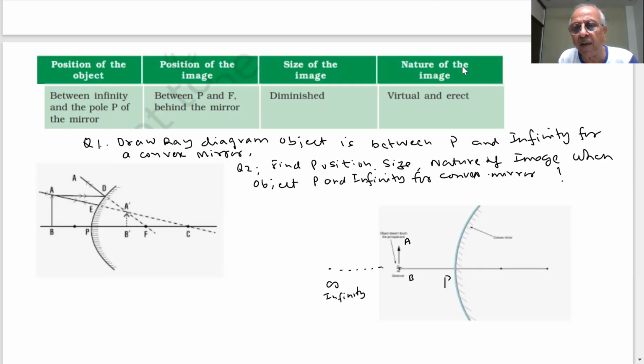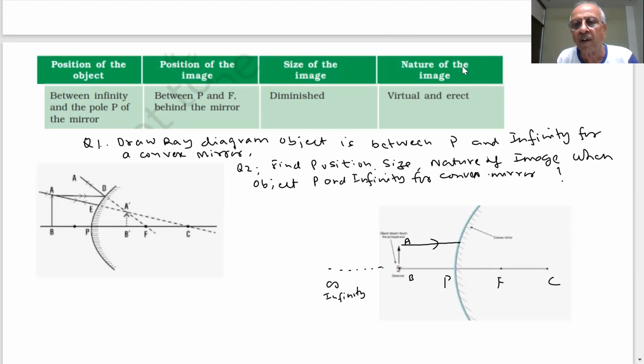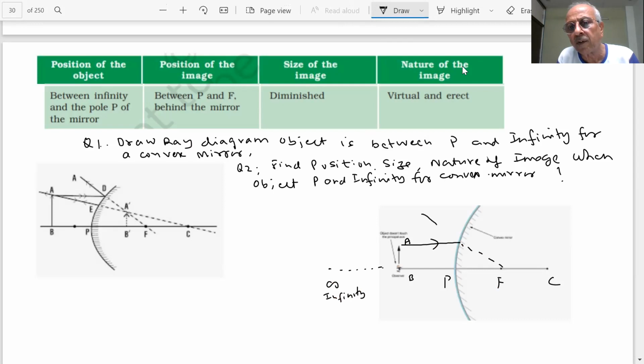It could be anywhere. The first light ray I take parallel to the principal axis. Then it appears to diverge from which point? Here, this is my focus and this is my center of curvature. You are drawing like this, and this goes like this.